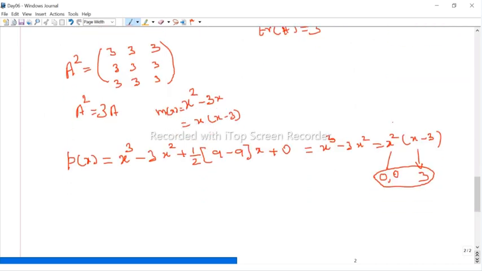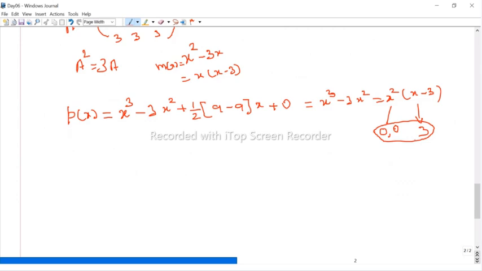Okay, now we have to find the eigenvector corresponding to, you can take 0 or you can take 3. So better we take 3. The eigenvector corresponding to 3 is nothing but the solution of A minus 3I times v, or x, you can take anything. So first we have to find the solution of this equation.